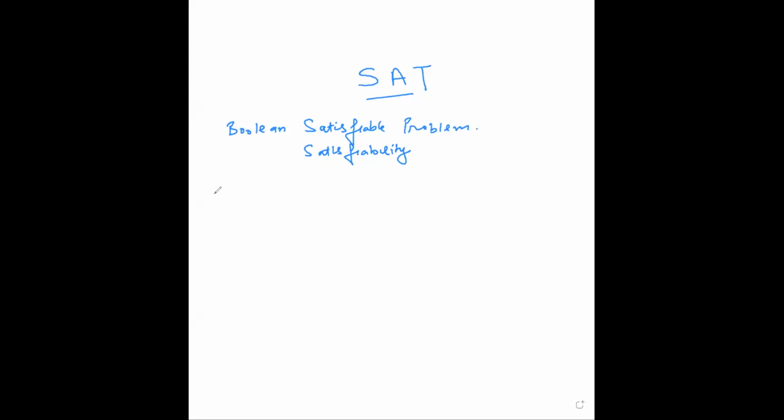A Boolean satisfiability problem is defined by a propositional logic formula. It is also known as CNF. CNF means conjunctive normal form.